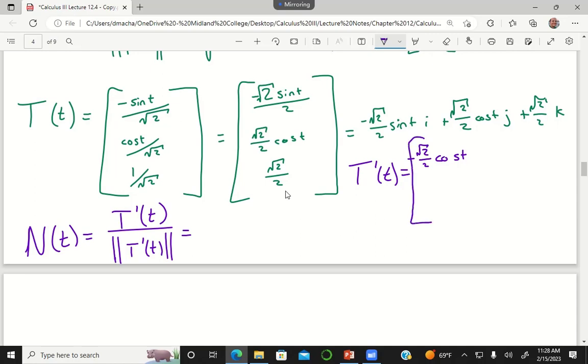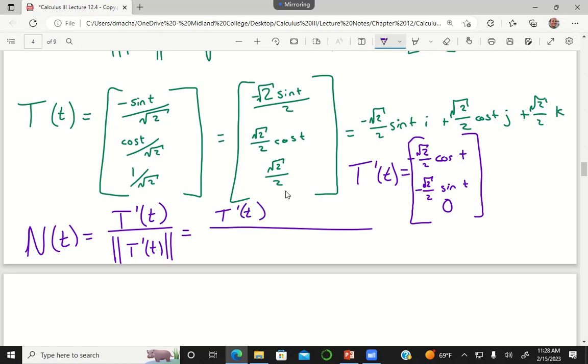The second component, since the derivative of cosine is negative sine, is going to be negative root 2 over 2 sine t. And the last component is a constant, so when I take the derivative, that goes to 0. So that is T prime of t.